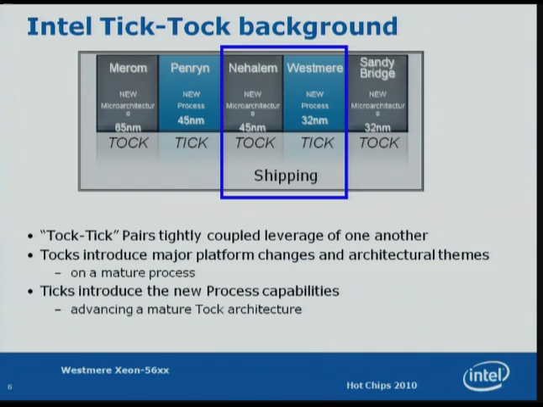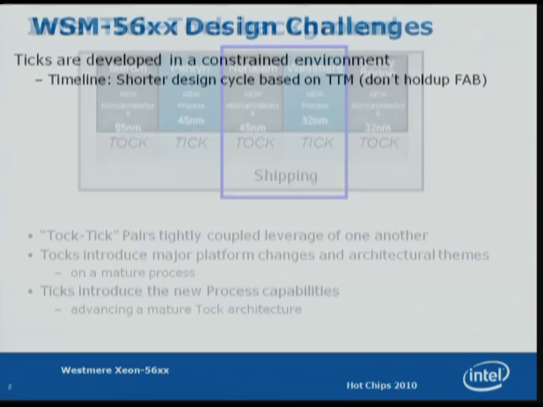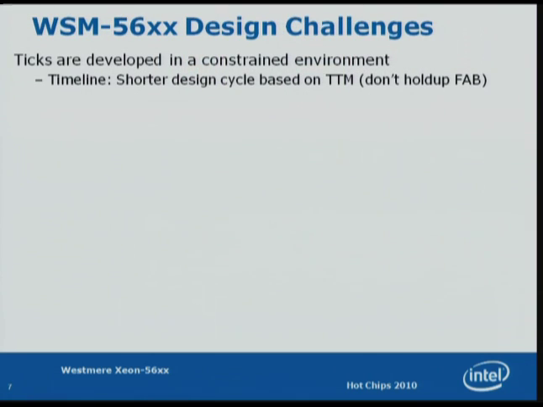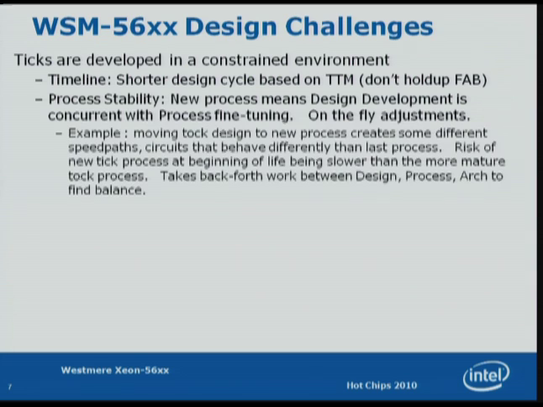But then when you get to the ticks, where there's a lot of risk associated with bringing a new process online, we do less architectural work at that time, because there's going to be so much of what I call team oxygen that needs to be devoted to converting the TOC architecture to the new process. So the challenges with the ticks: the design team would say these are developed in a very constrained environment.